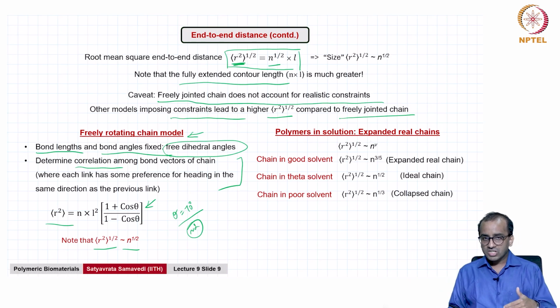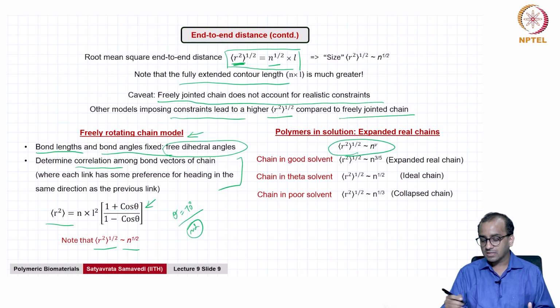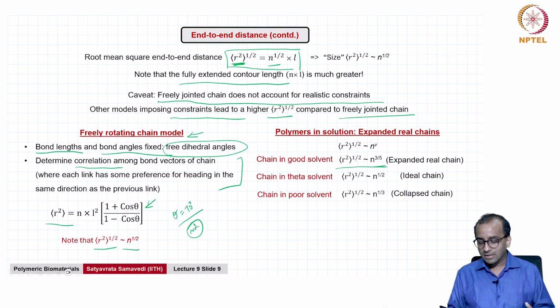If you take the most general case of the root mean square end-to-end distance as scaling with n raised to nu, which is the scaling exponent, you can actually show that in what we call a good solvent, you get the expanded real chain where the size is larger because the scaling exponent will be about 0.6.